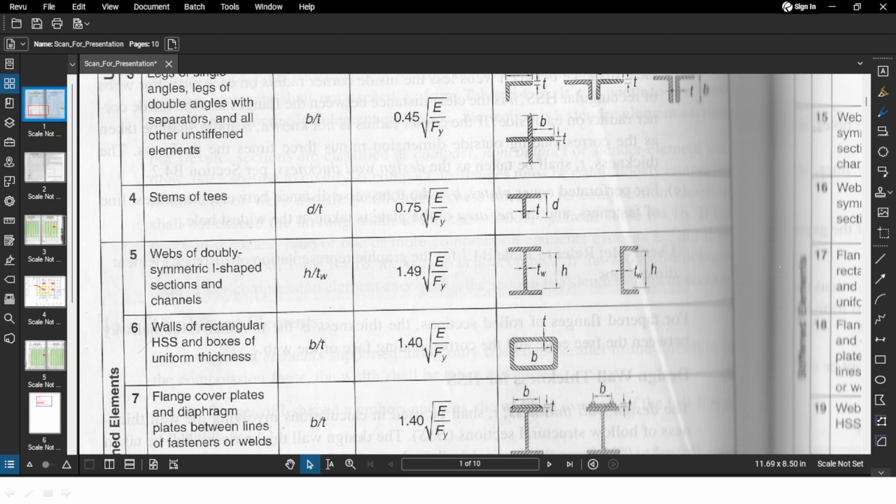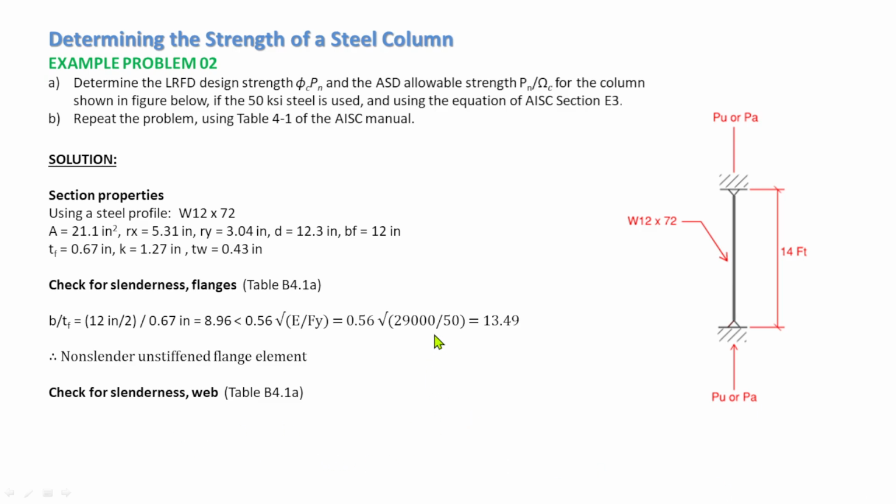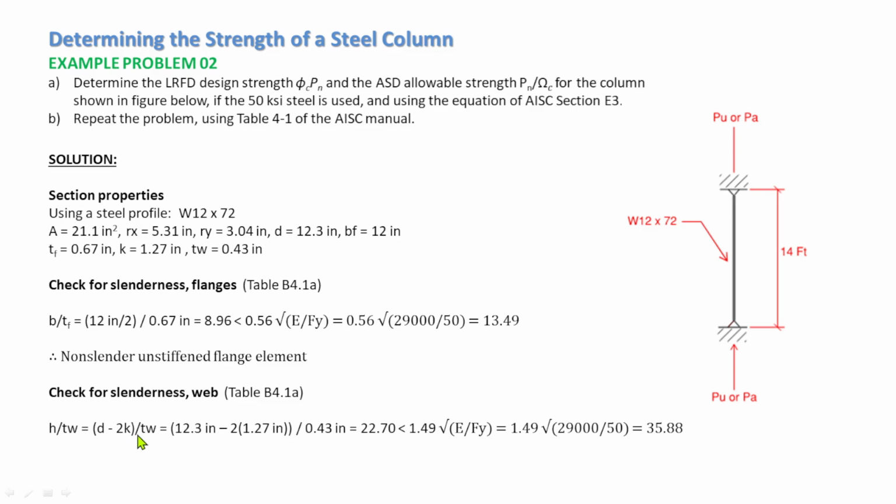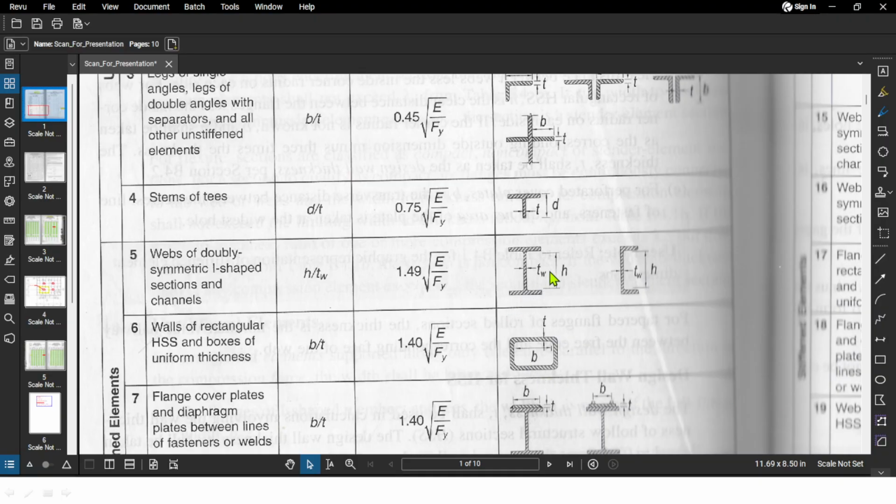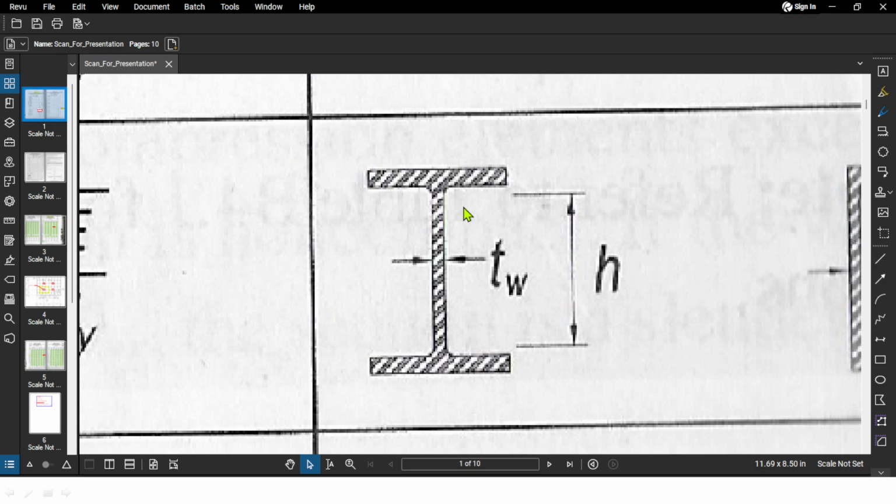So going back to our calculation for the slenderness of the web, h over tw is d minus 2k over tw. We use d minus 2k because h is taken as the clear distance, so we deduct the 2k value, because the radius here due to the curvature is the k value.